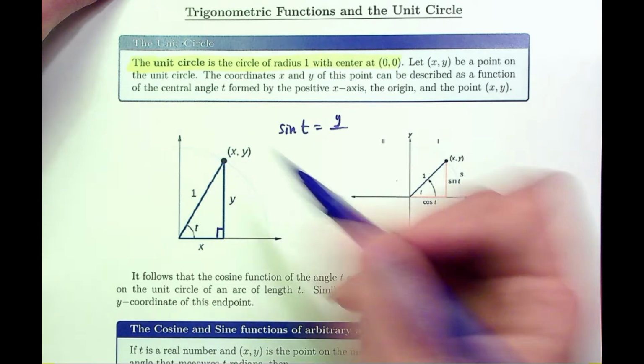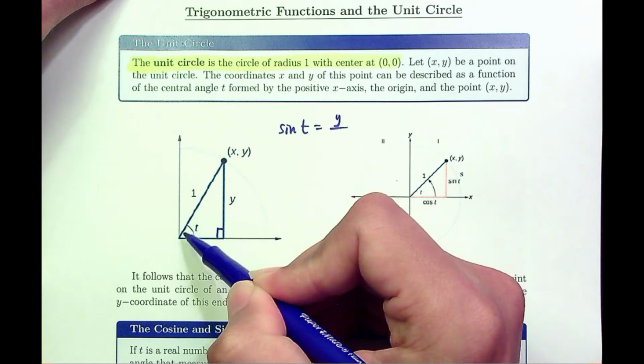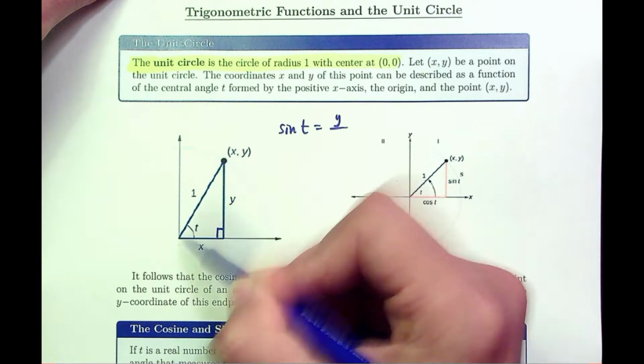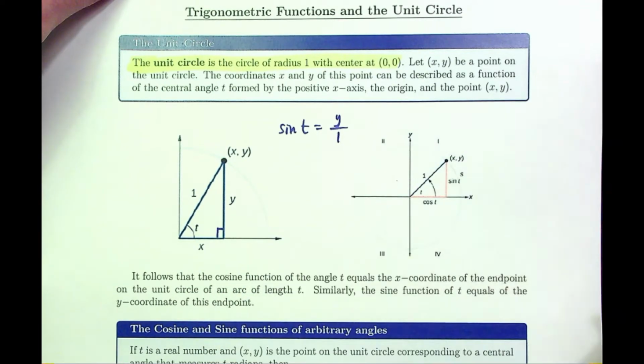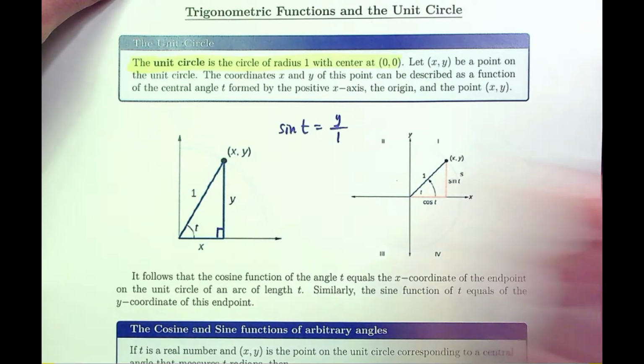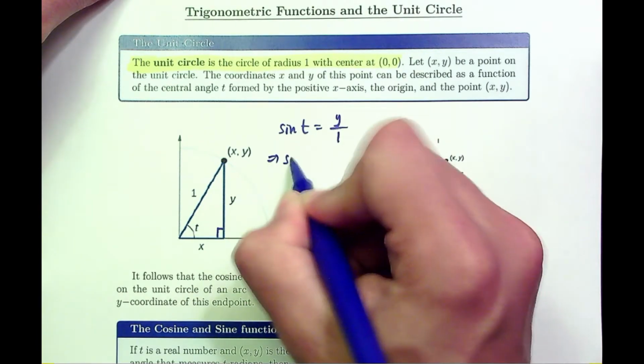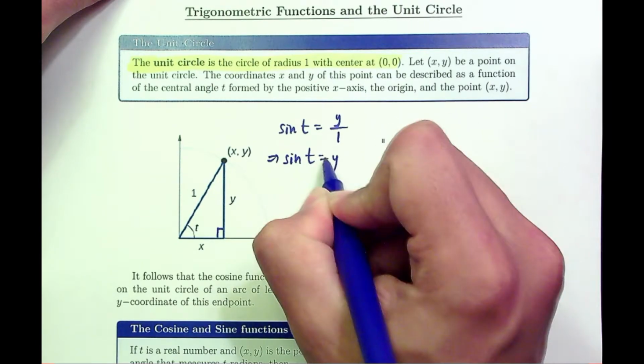This is a unit circle, so the hypotenuse is the radius of the circle, which is 1. So you get y over 1, or in other words, sine of t equals y.